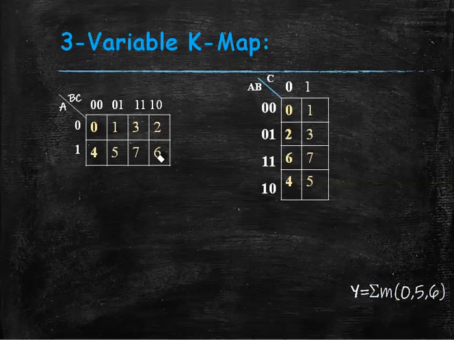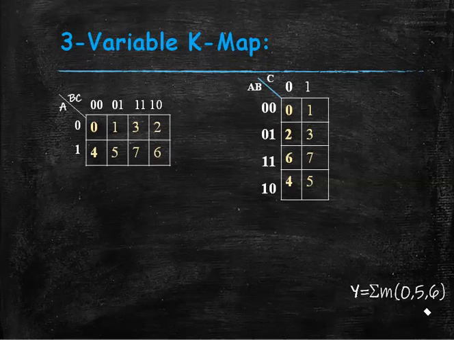And here we use the SOP of 0, 5, 6. What does this mean? The output must be high for 0 and 5 and for 6. For these 3 cases the output must be high, and the remaining, how many cases remain?